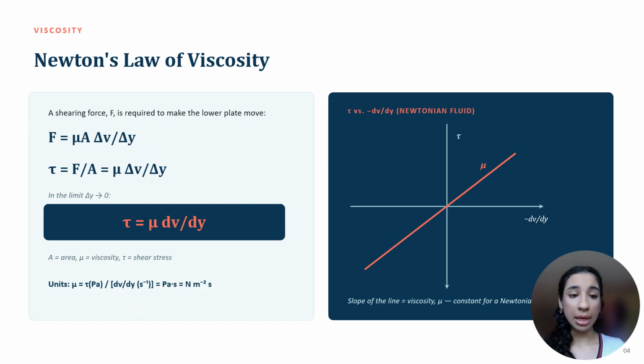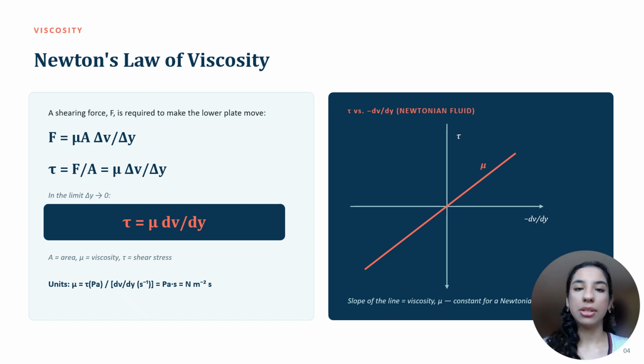Now here we could also, instead of putting the delta, that triangle, put d, and then you could see it's in terms of a derivative, okay? So it's like a differential equation at that point.